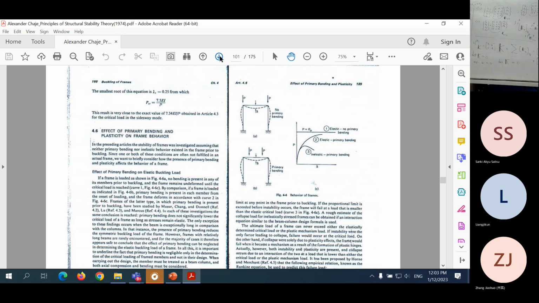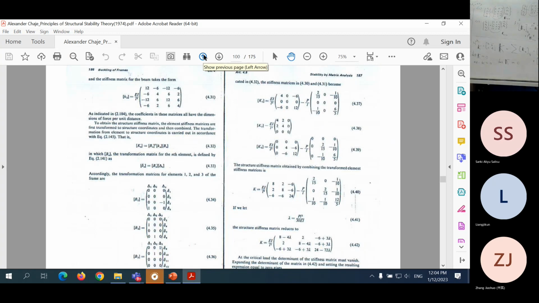It is a cubic equation, because if you have a determinant and your degrees of freedom is 2, it is a quadratic equation, which means you have 2 solutions for P. Here this is 3 by 3, meaning you have a cubic and 3 solutions for P. So we choose the lowest one.